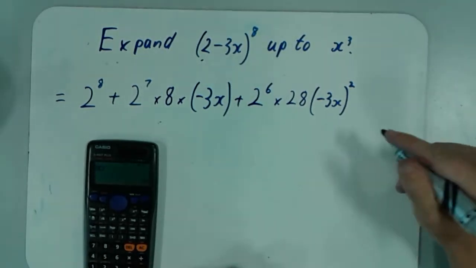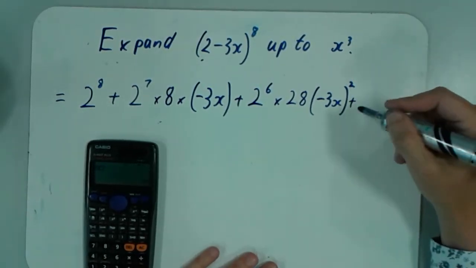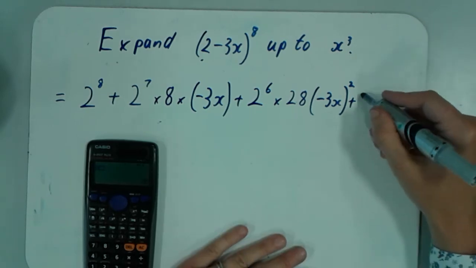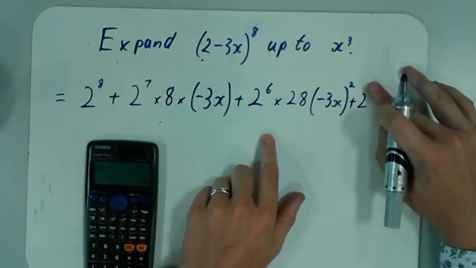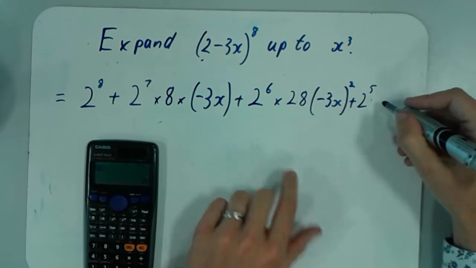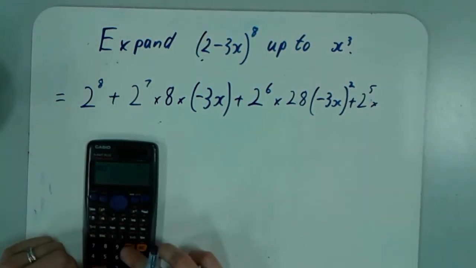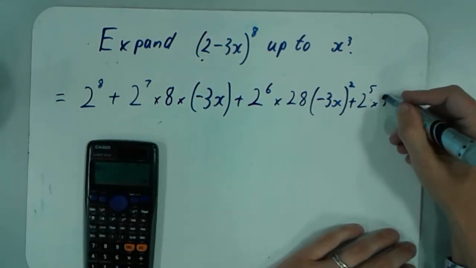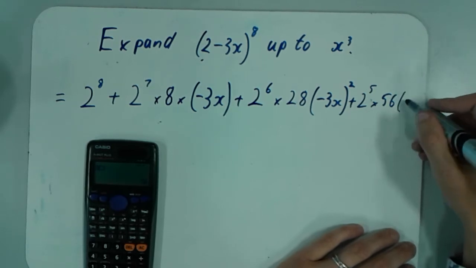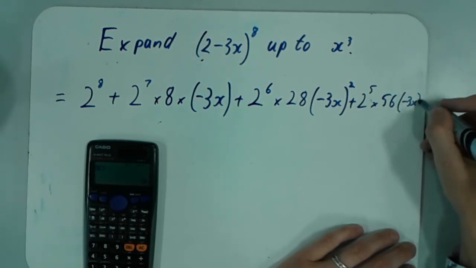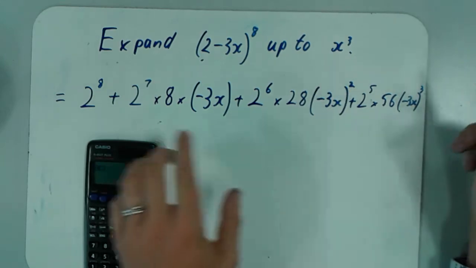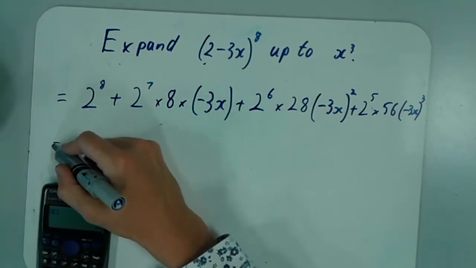Otherwise you will get the wrong coefficient of x squared. Okay, our final term, and 1 less 2 again, multiplied by 8 choose 3, 56, and then multiplied by minus 3x cubed. I've gone up as high as they wanted me to.